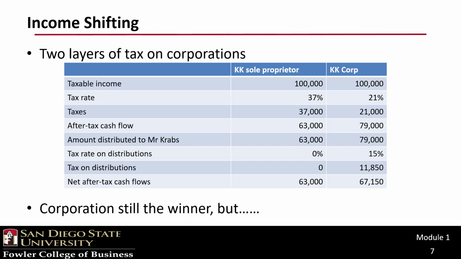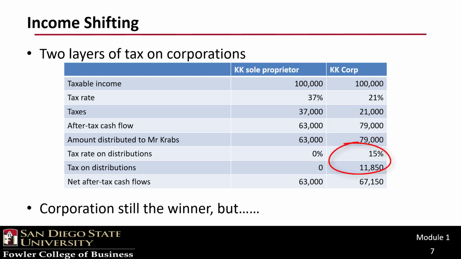If the Krusty Krab is a sole proprietorship, there's only one level of tax, and that's the amount of tax that's paid by Mr. Krabs. And therefore, any of the distribution of the earnings or the profits of his sole proprietorship, they're just his to keep. Krusty Krab, it's true, only has 21% tax, but then that post-tax distribution of $79,000 to Mr.